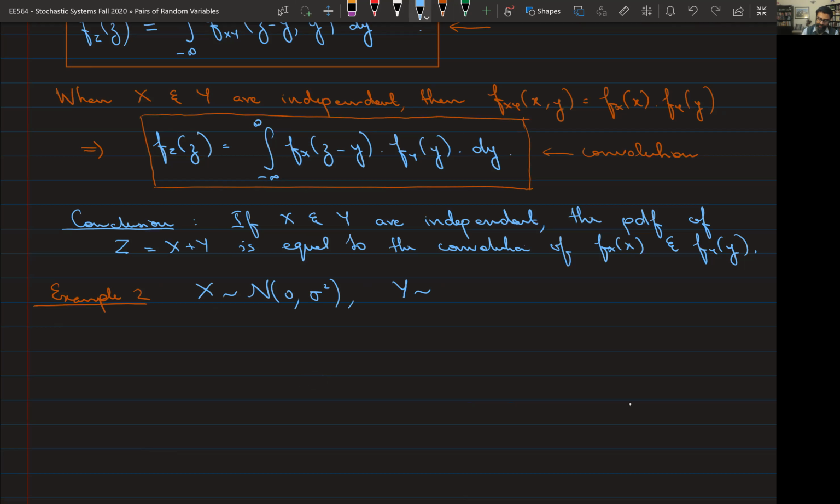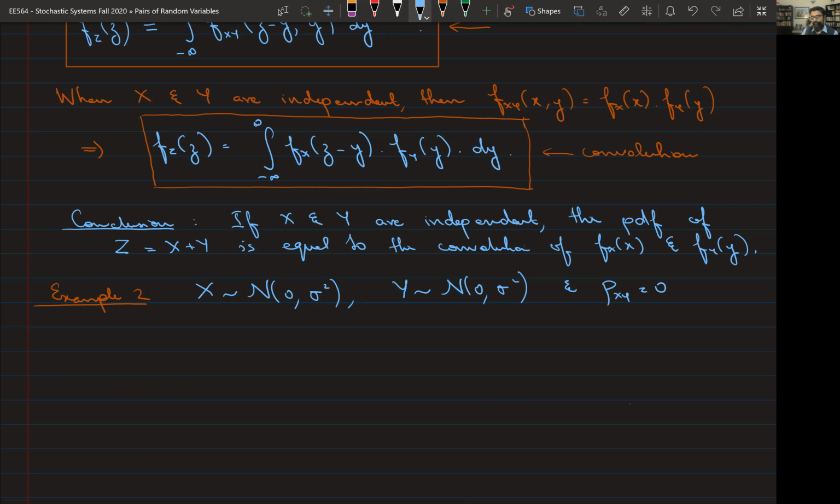Let's say Y is also Gaussian, 0 mean, variance sigma squared, and rho xy equals 0. In other words, rho xy equals 0 for jointly Gaussian random variables means what? Salar, what does that mean? Isha, please go ahead. Independence. They are independent, right? So X and Y are independent.